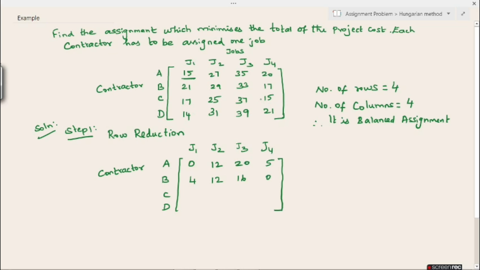Now subtract it from the rest of the elements. 17 minus 15, 25 minus 15, 37 minus 15, that is 22, and 15 minus 15, 0. In the last row, the minimum is 14. So if you subtract it, we get 14 minus 14, 0, 31 minus 14, 39 minus 14, 21 minus 14.